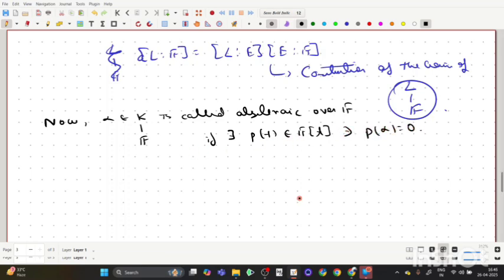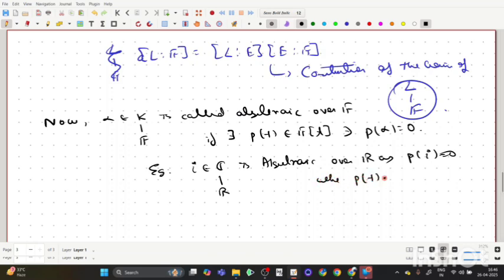Clear? Example: i in C as an extension over R is algebraic over R, as P(i) is 0 where P(t) is t squared plus 1, right?